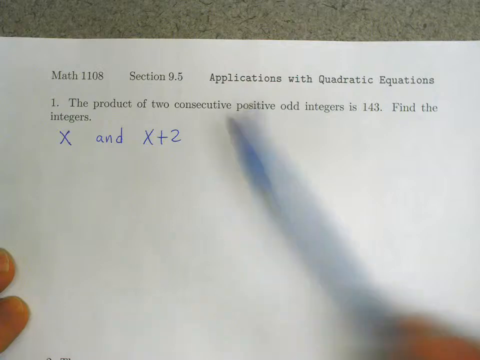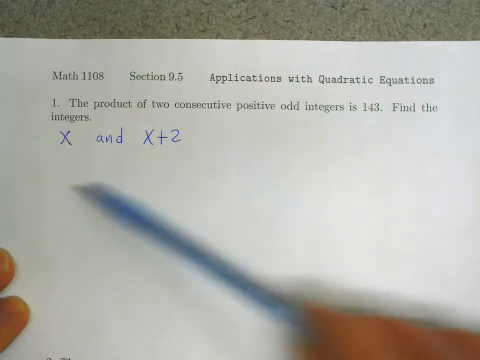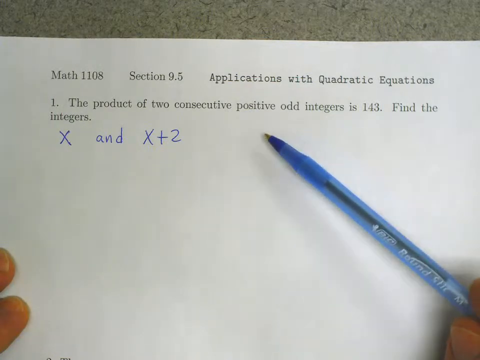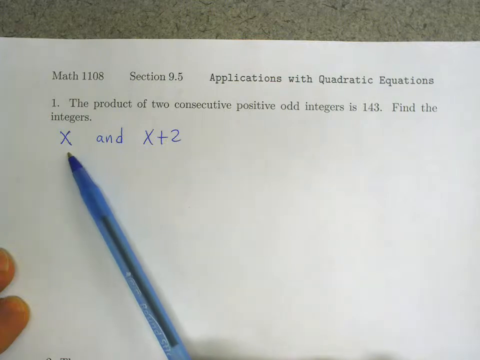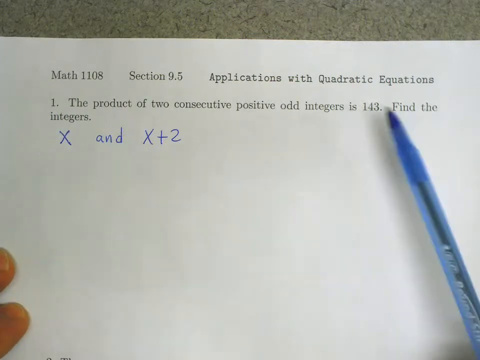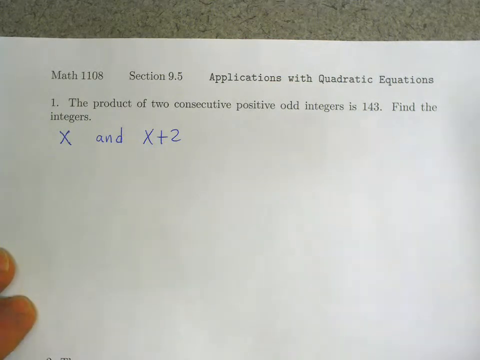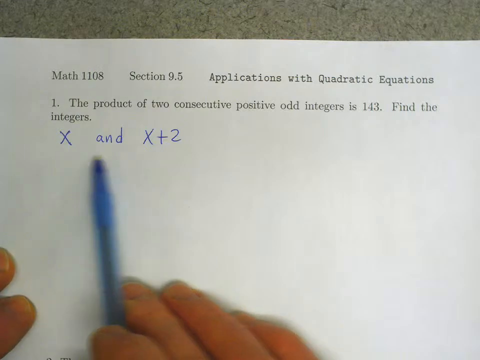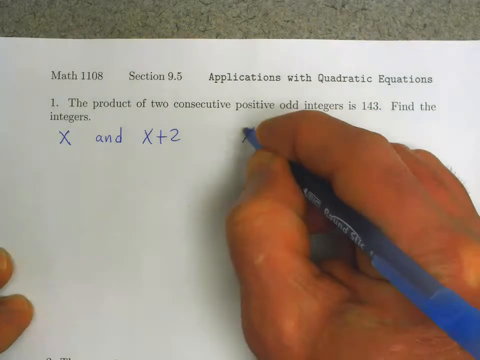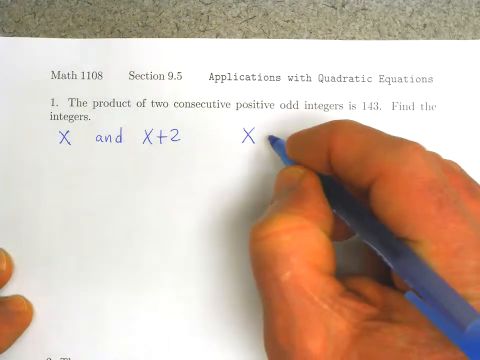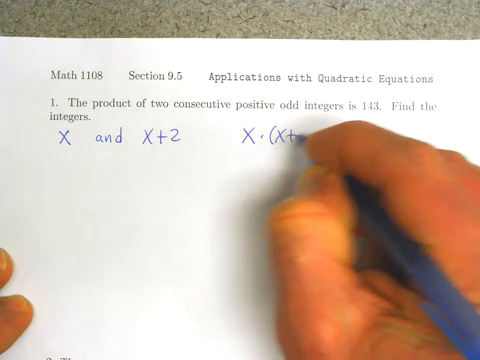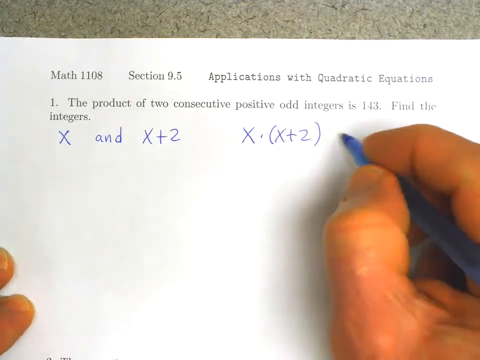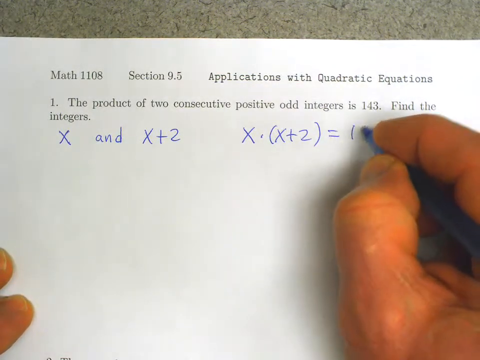Okay, so now, using the variable assignments and the information given, we're told that the product of those two integers is 143. So product means we're going to multiply the two variable expressions, x times x plus 2. This is the product, and we're told that the product is 143.